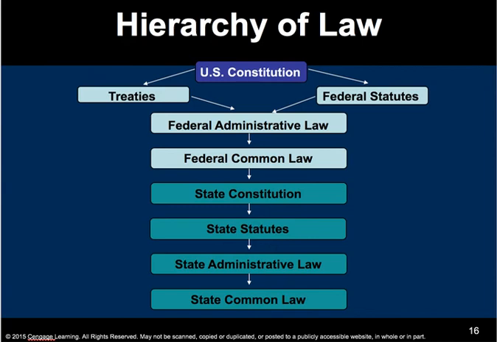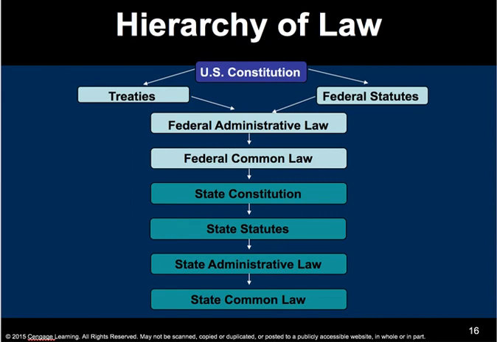And below that, at the very bottom, we have state common law. So just like we have federal courts of appeal that create federal common law, we have state courts of appeal that create state common law. So the courts of appeal in Florida, for example, in Florida we actually have a total of 6 courts of appeal. We have 5 district courts of appeal and the Florida Supreme Court.